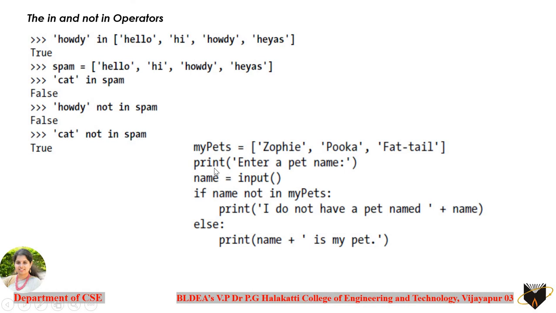In the next line, you are reading some input from the user. Next, in this condition you are checking if name, whatever input has been given by the user, is not in my pets. If it is not present in this content, then you print I do not have a pet named with whatever input has been given here. Else it is going to give you this result.